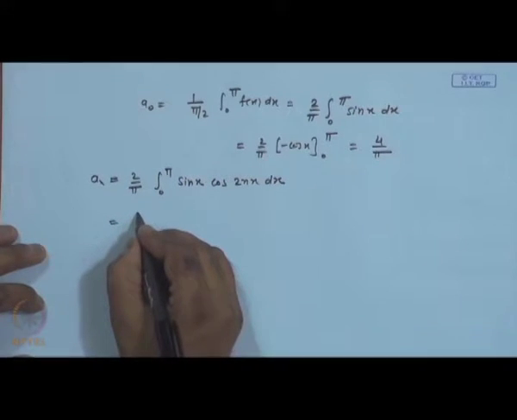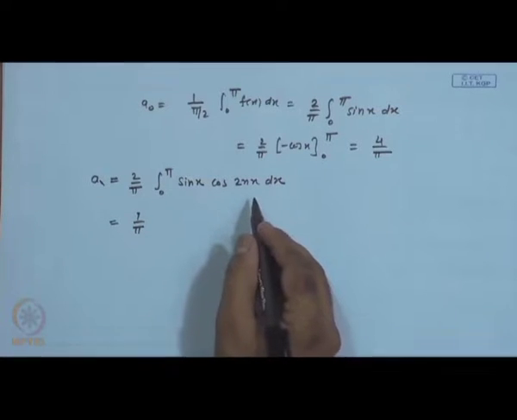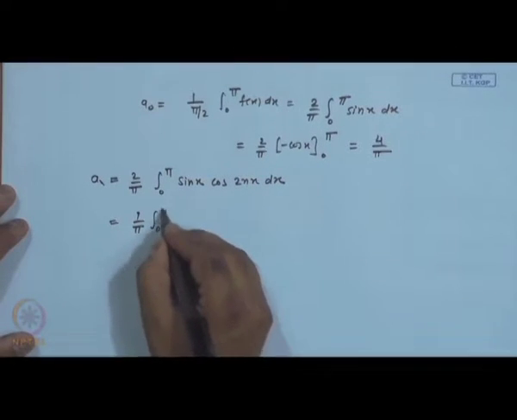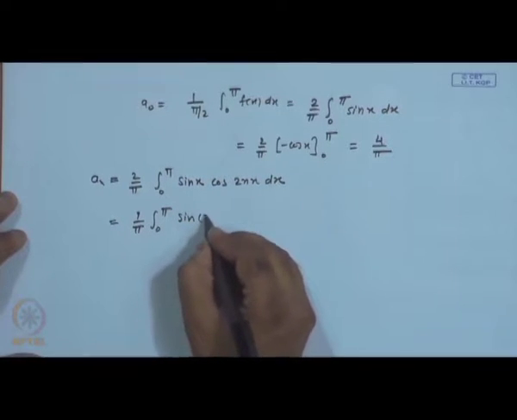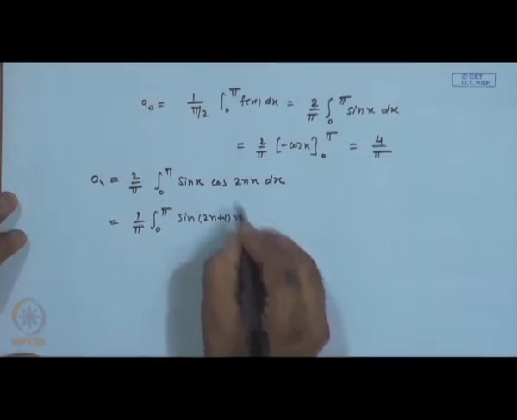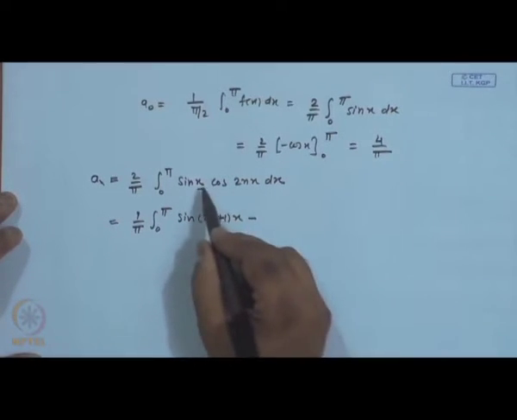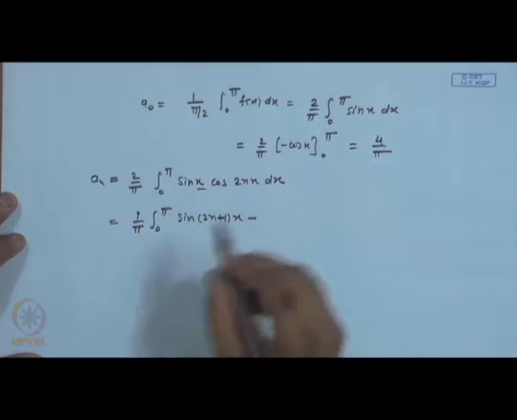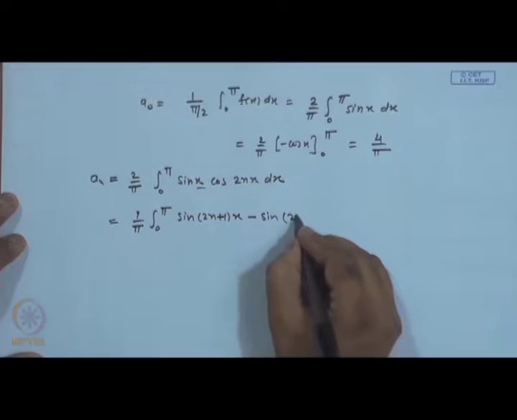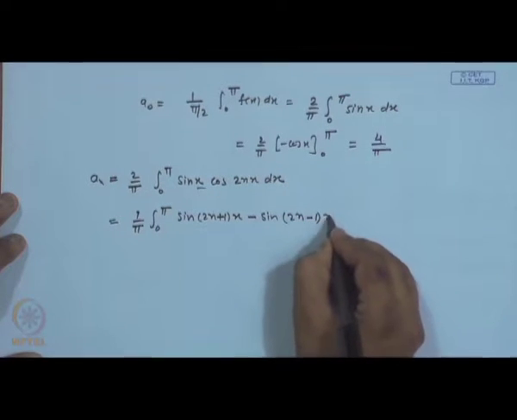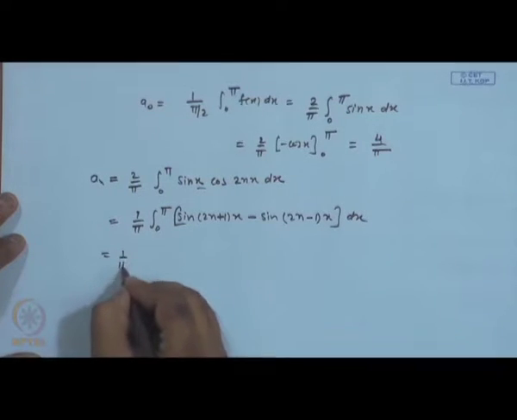So, then we have 1 over pi and this 2 sin x cos 2 n x, we write in sin a plus b form, sin 2 n plus 1 x, sin a plus b, and then plus sin a minus b, but we will take b minus a. So, with sin we will get minus sin. So, sin 2 n minus 1 x and dx, we integrate now.